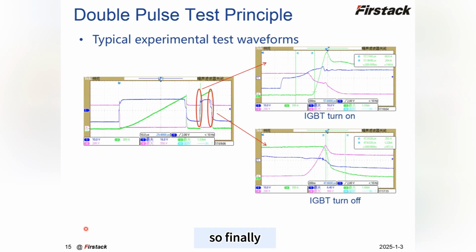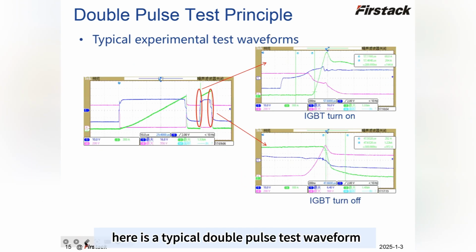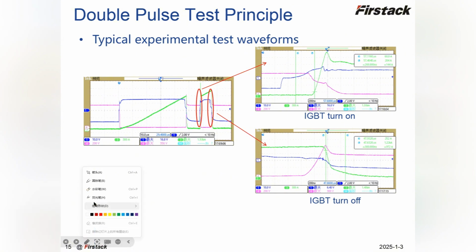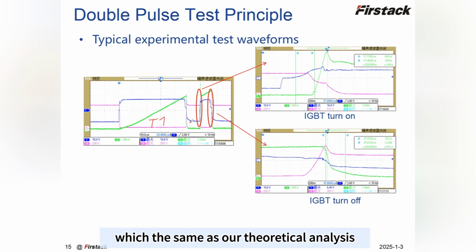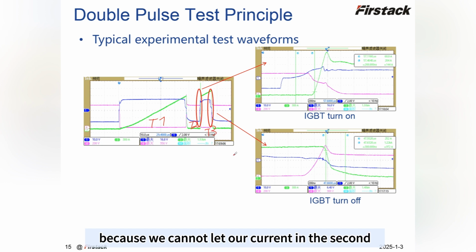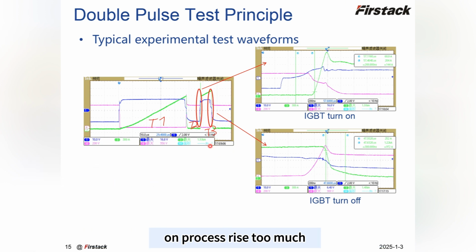So finally, here is a typical double pulse test waveform. The left picture is a complete double pulse waveform, which is the same as our theoretical analysis, and you can see that T1 is much longer than T3, because we cannot let our current in the second on process rise too much.